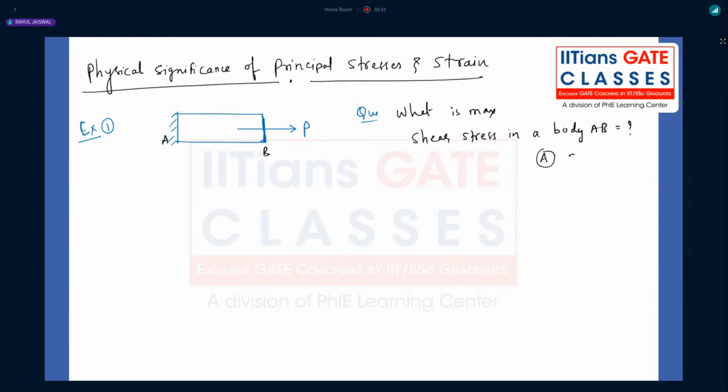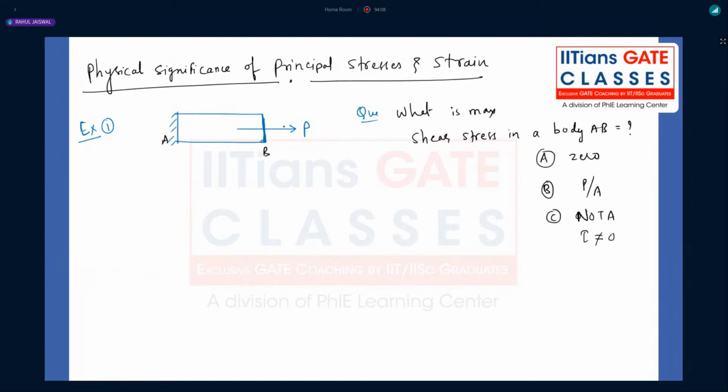Let's suppose I have given the options: A, 0; B, P by A; C, none of the above. Three options are there. Then what will be the answer? Of course, none of the above means shear stress is not equal to 0.